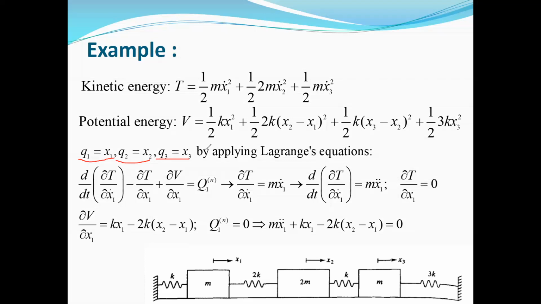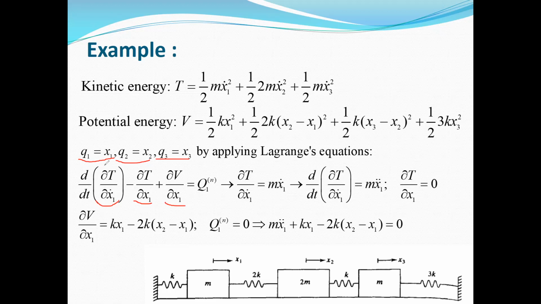So you need to substitute for q in the Lagrange equation, and for the first equation, by substituting q1 equal to x1, we will have the derivative with respect to time of the partial derivative of T, the kinetic energy, with respect to x1 dot, minus the partial derivative of T with respect to x1, plus the partial derivative of potential energy with respect to x1, which must be equal to Q1.